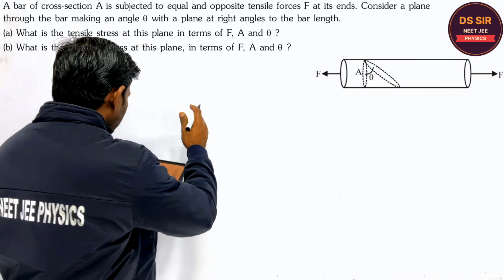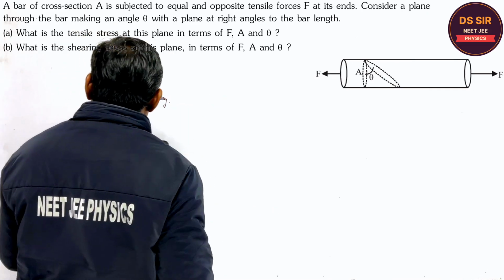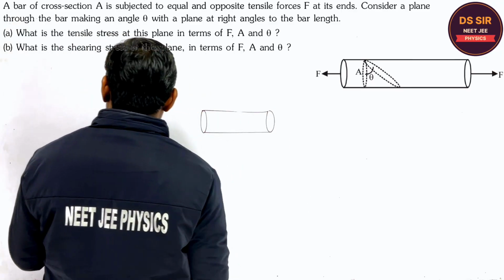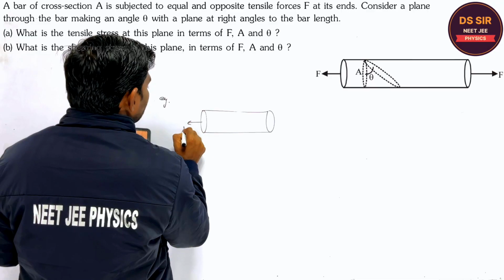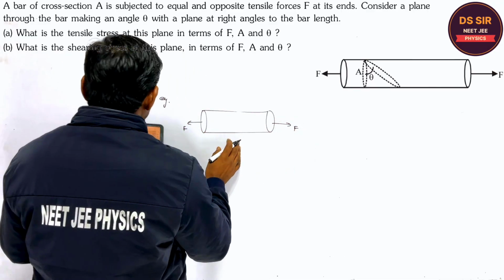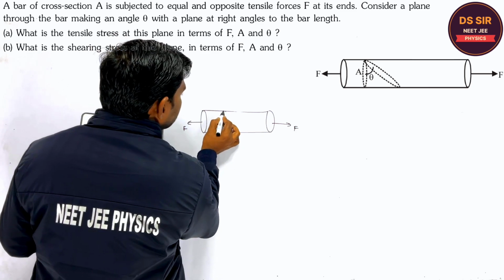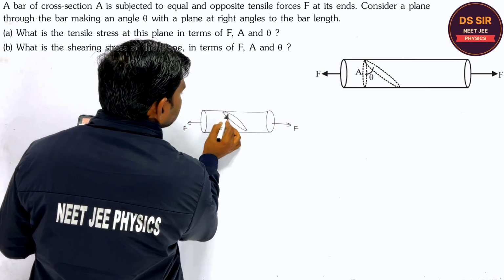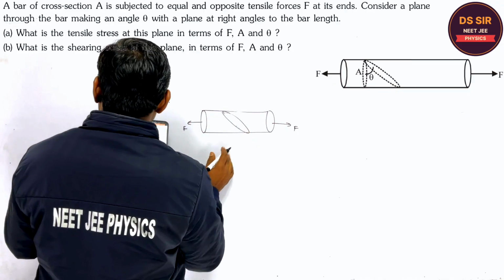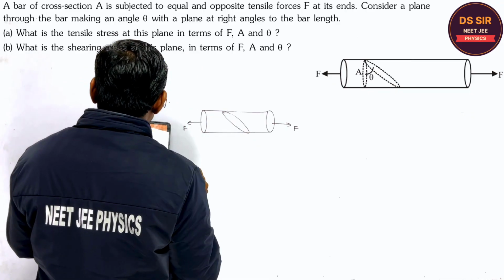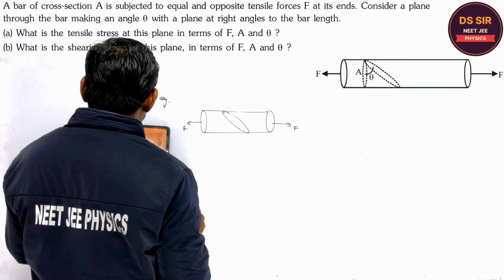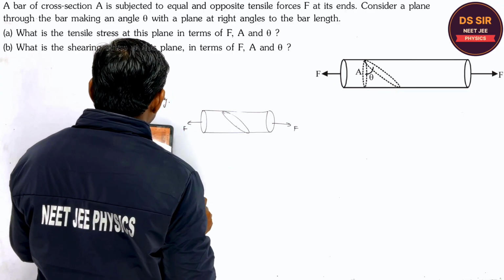Copy this. So read this question. In this question, a bar of cross section area A is given like this, and equal and opposite forces F are acting over here. Now consider this plane, one cross section, making an angle theta with the plane at right angle to the bar length.